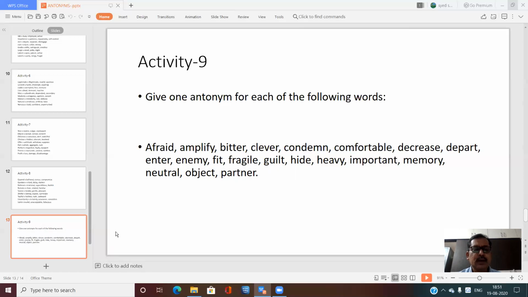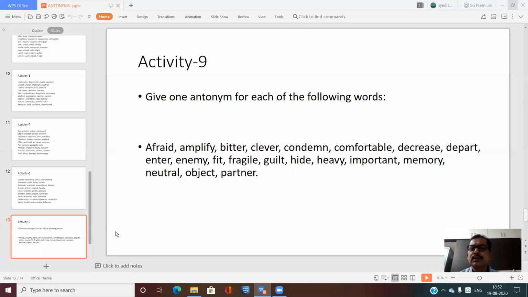Fright, brave. Amplify, condense. Bitter, sweet. Clever, dull. Condemn, praise. Comfortable, uncomfortable.